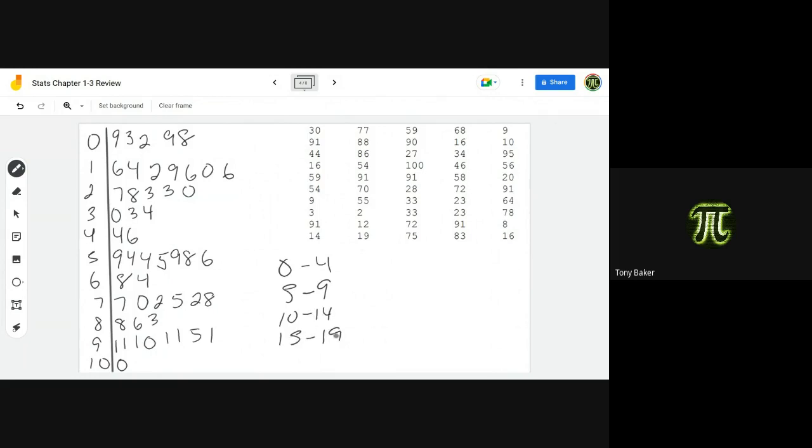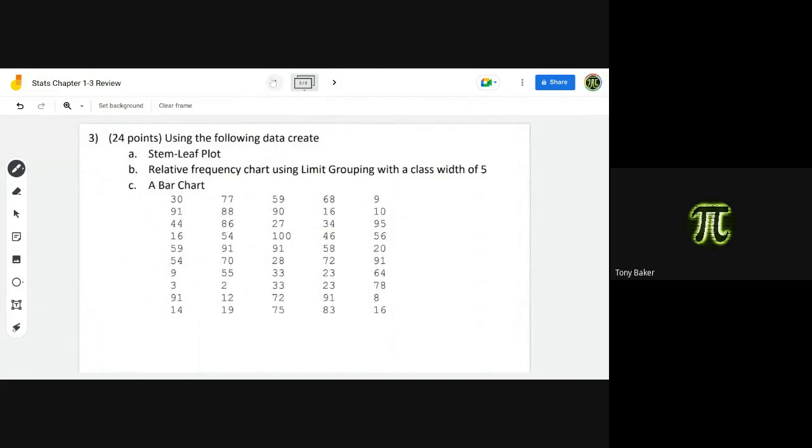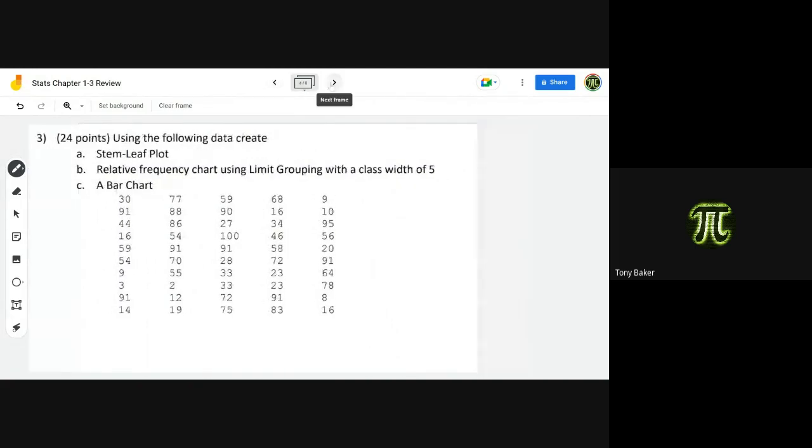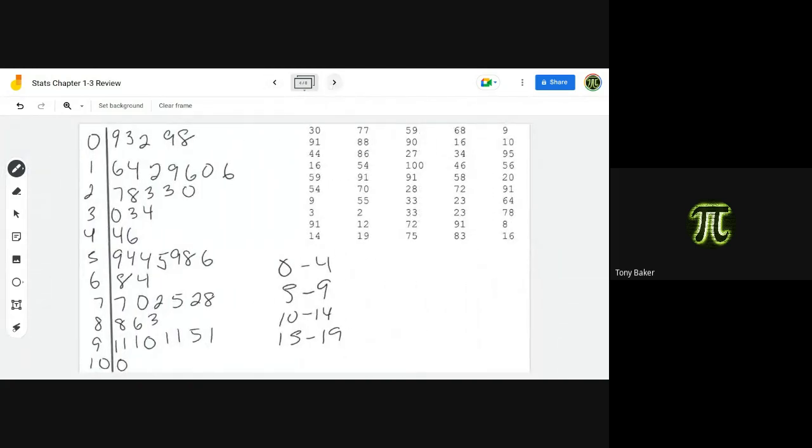So remember, when you're breaking up your class widths, they have to be 5, and they can't overlap each other. Now, this data is discrete data. So when we're looking at doing it, we're going to do the limit grouping, not the cut point grouping. Remember, that's the difference between the two. Cut point is under 5, and then 5 and over. So that's where it breaks down. Since these aren't decimals, I don't need to worry about that.